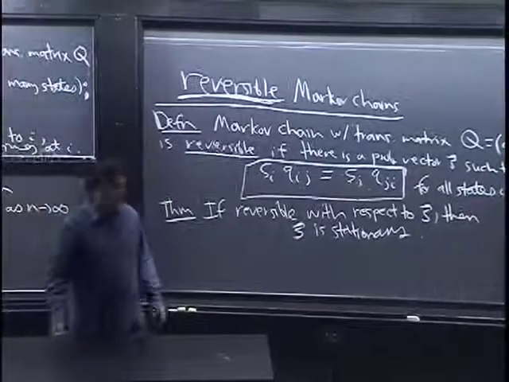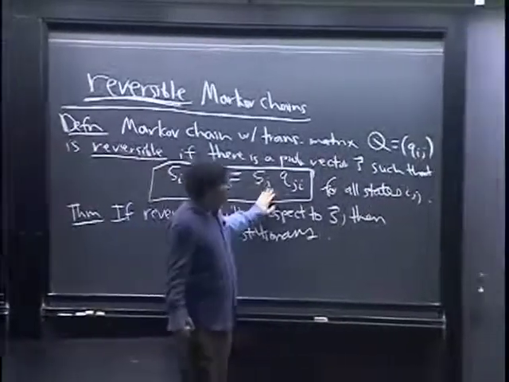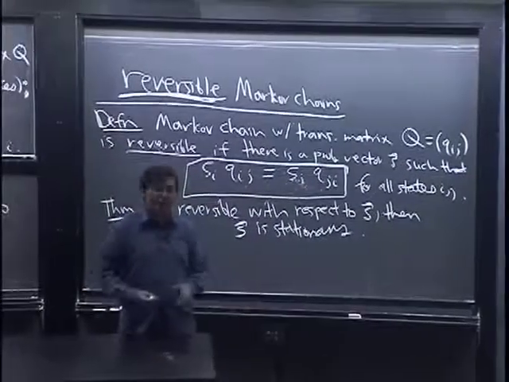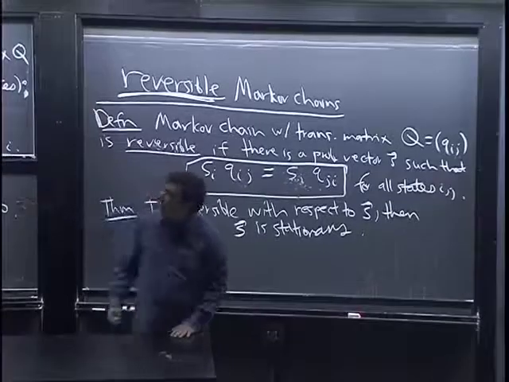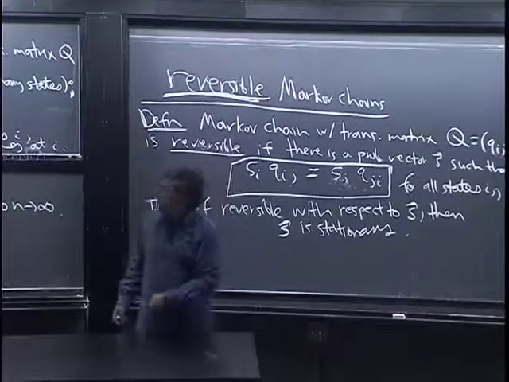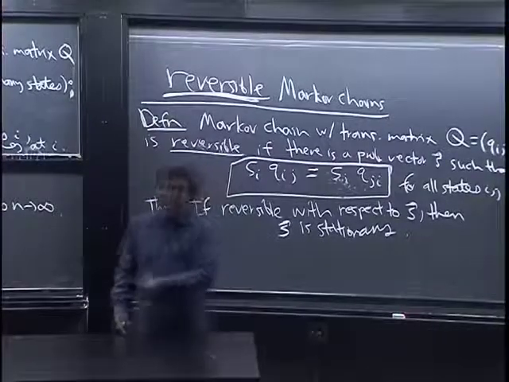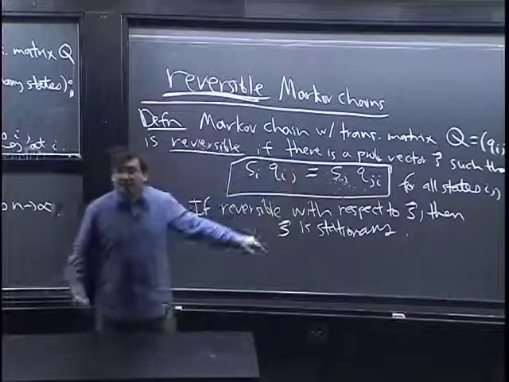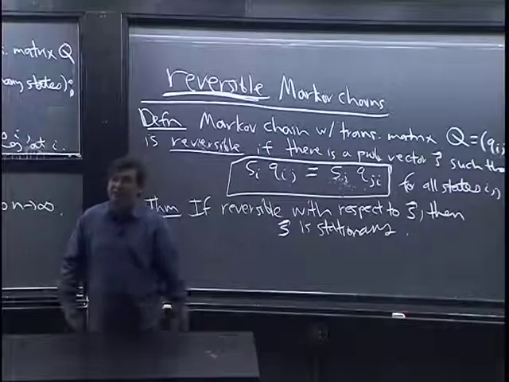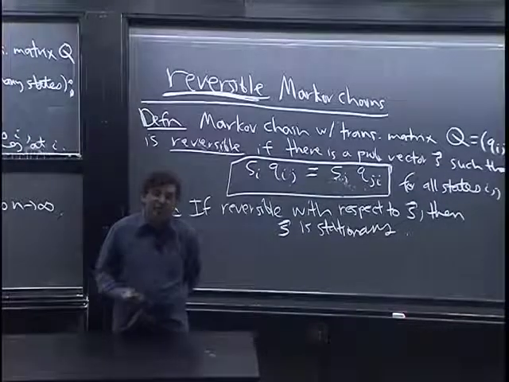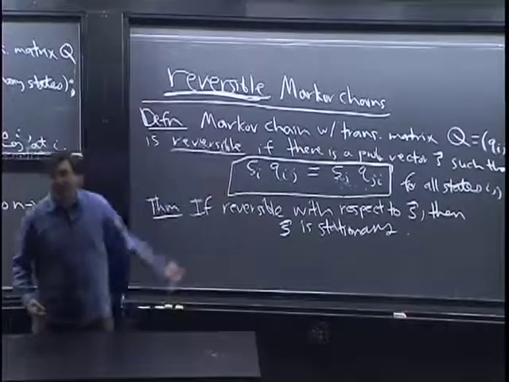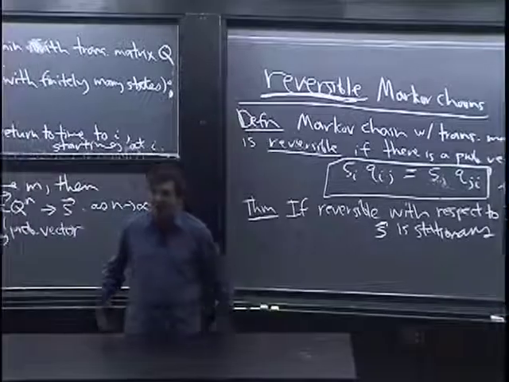What it says is that if you start out the chain with distribution S, and then imagine recording a video, videotaping this particle that's wandering around in this process, reversibility says that if you took that tape and played it backwards in time and showed it to someone else, they would not know whether it was going forwards or backwards in time. It looks the same. So if you run time forwards or backwards, it looks the same.